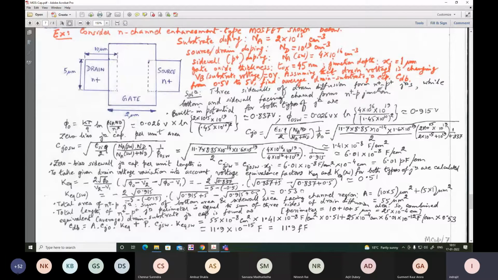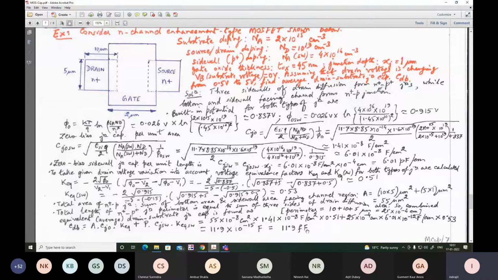And so we need to consider the total capacitance corresponding to the three sidewall capacitances and the bottom capacitance. The bottom PN plus junction and the channel side junction, that means PN plus junction. If you sum them up, you will get it to be 11.9 femtofarad.